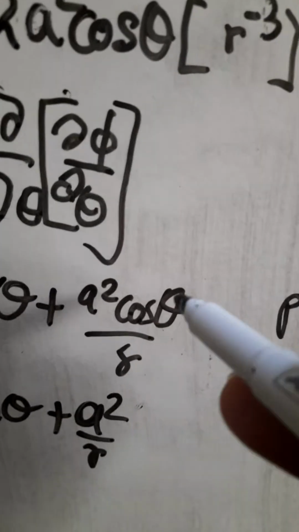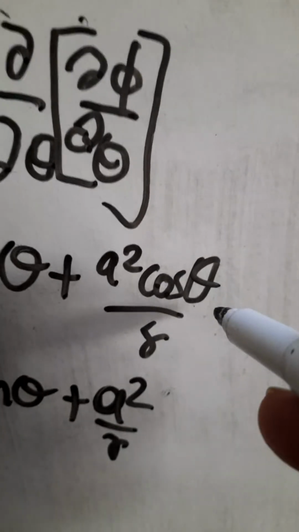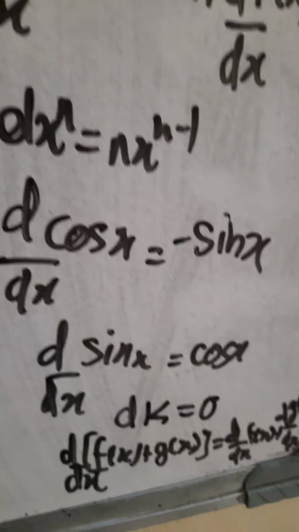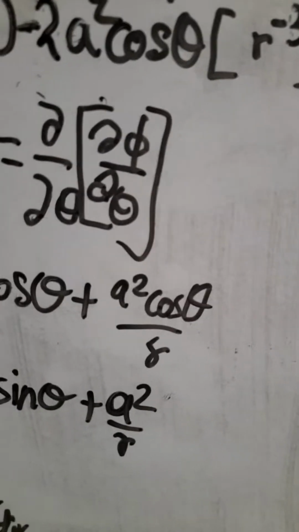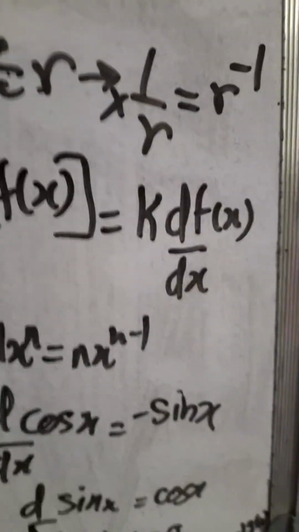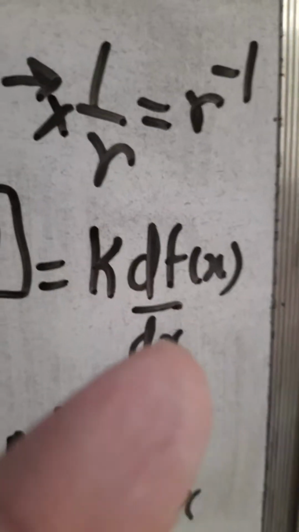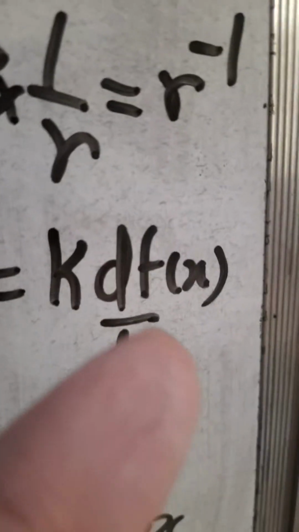So a square by r is joined by multiplication and division with cos theta in one term, so it won't be treated as a standalone constant making the derivative 0. No, it would be treated as a coefficient, and we would just do it like it says here: throw the coefficient out, take the derivative of the function, then multiply this coefficient with that derivative result.